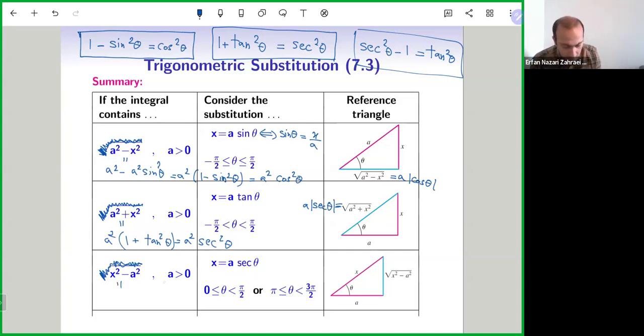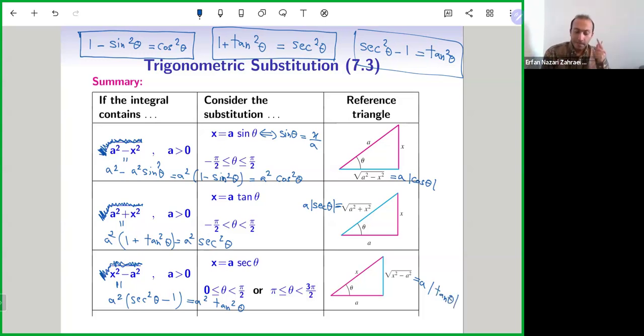If you substitute this in, you get a squared times secant squared minus 1. The whole point of doing this substitution is to use that: secant squared minus 1 is tangent squared. So it's a squared tangent squared, and this side is the root of this, which is a, because a is positive, times the absolute value of tangent.